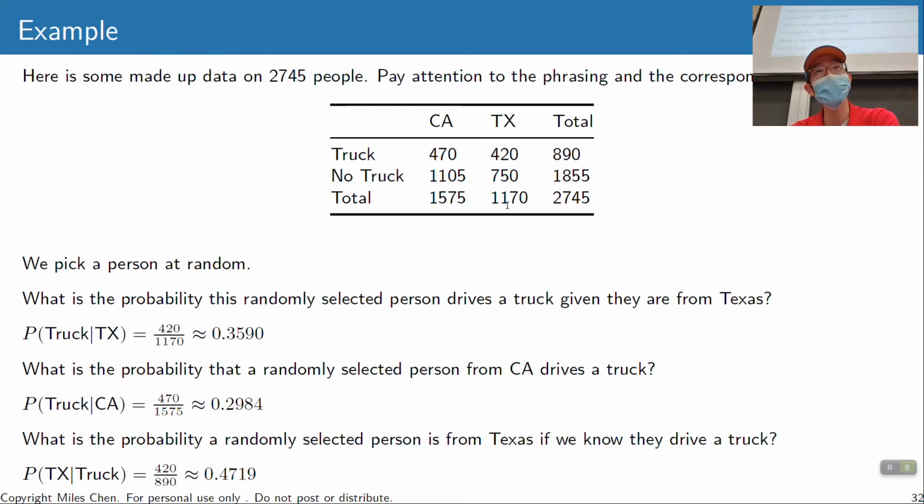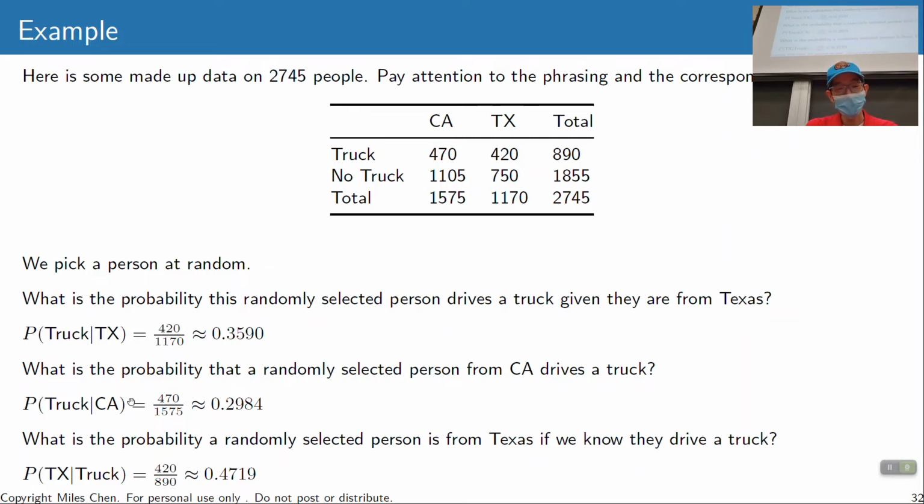That's going to go in our denominator, the probability that someone is from Texas. In the numerator, we have people from Texas who drive trucks, 420. So this number is 420 divided by 1,170. We get something around 36%, 0.3590.